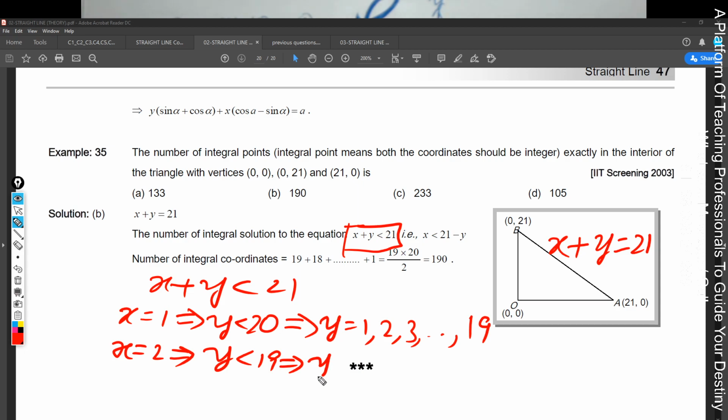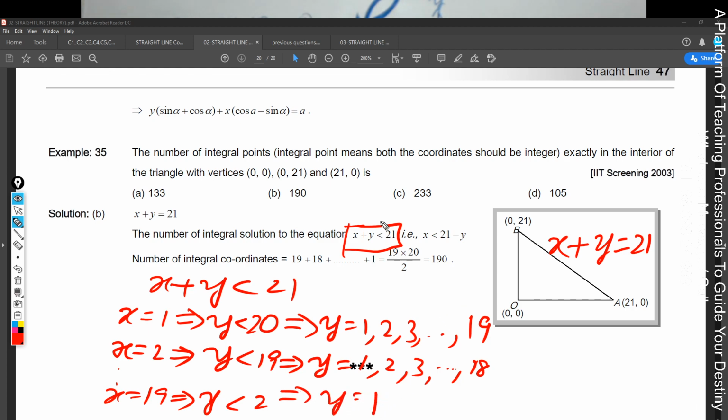Y is equal to 1, 2, 3, and so on up to 18. If x is equal to 19, your y is less than 2. That means y is equal to 1. This is the summation. 19, 18, 17, and so on up to 1 you will get. So the total number of points will be 190.